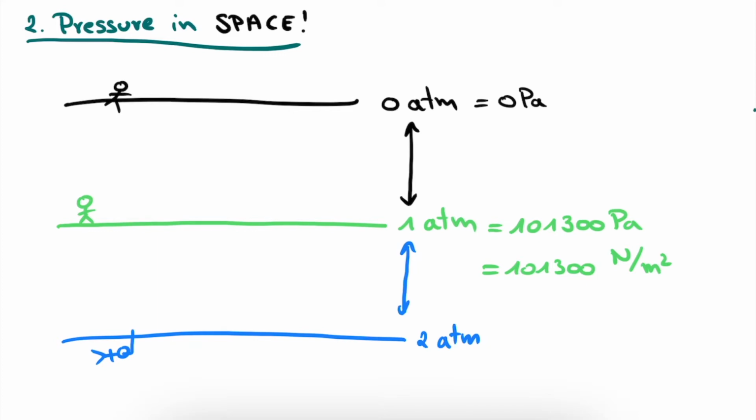So let's calculate how deep we actually need to go. So let's call the pressure that we are experiencing in the water Pw. We know from the general pressure formula that this will simply be equal to the pressure that is already all around us, so the atmospheric pressure that we experience at the surface, P0, plus rho times g times h.